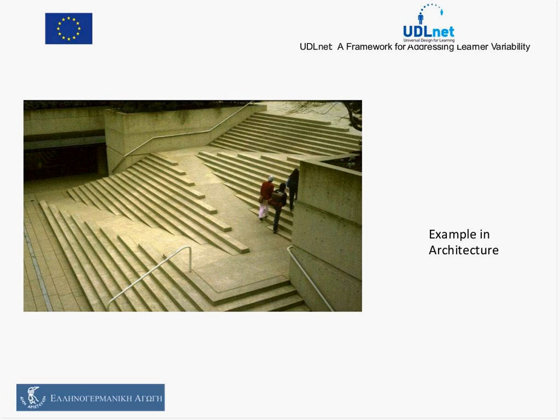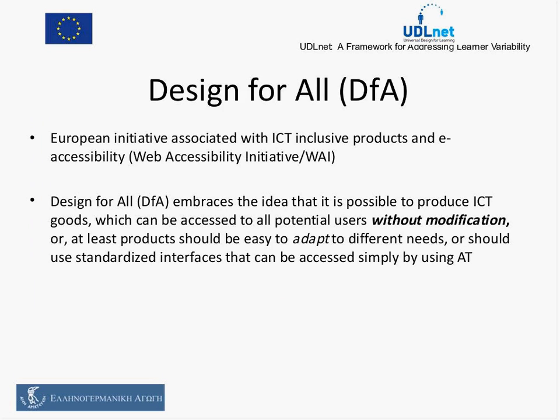The learning part does not exist in this example, but we can see how we can design the routes, considering the variability and the various needs that people might have in order to access a building.